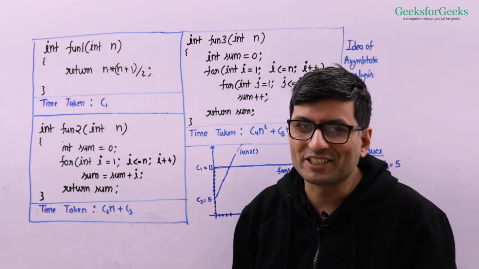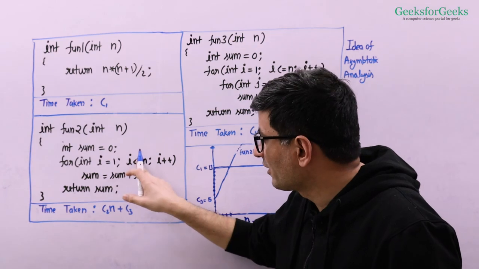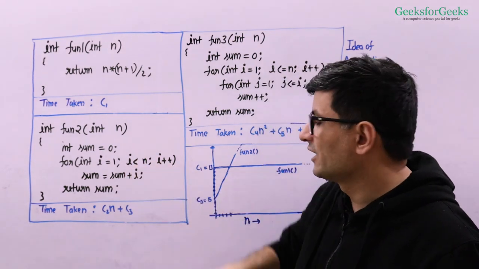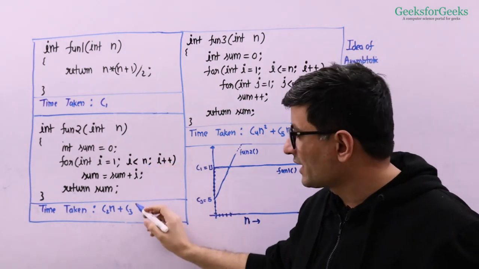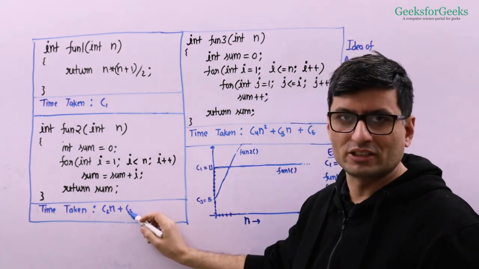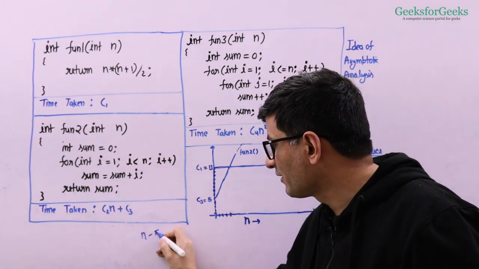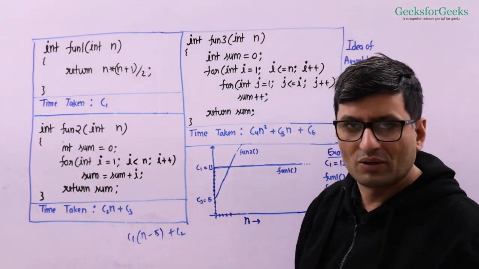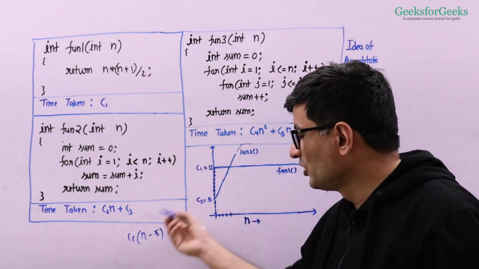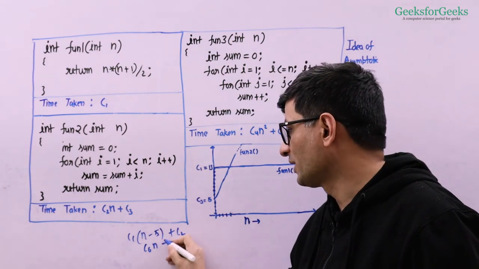Now one interesting thing is, even if it is not exactly n times, even if I write this as say less than n or say less than n minus 5, even in those cases I can write the time taken as C2n plus C3. Why? Because if I write n minus 5 times with some C1 and then some C2, I can rewrite this with new constants, say C6 and C7, as C6n plus C7.